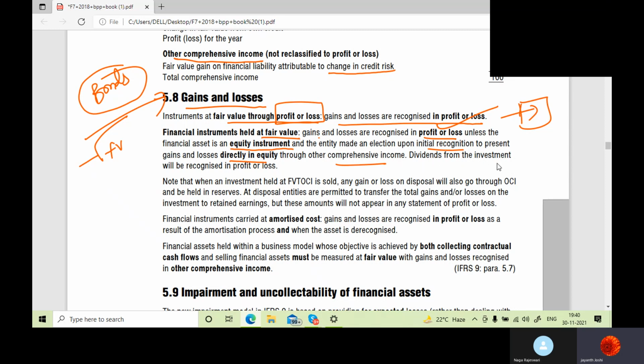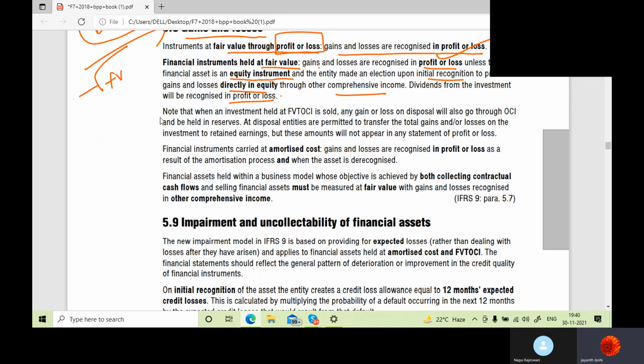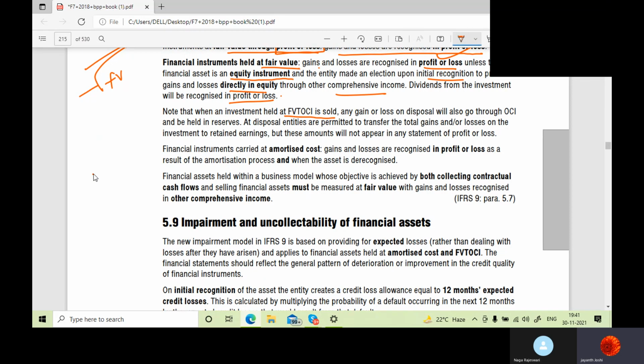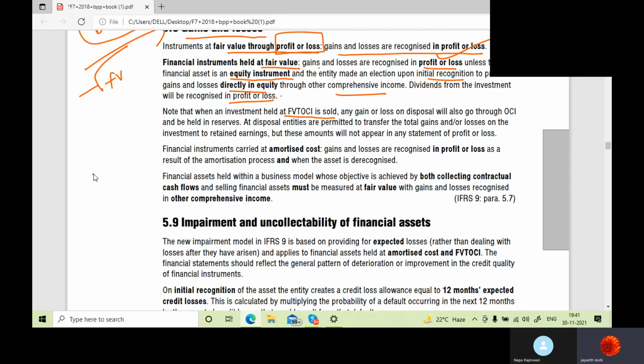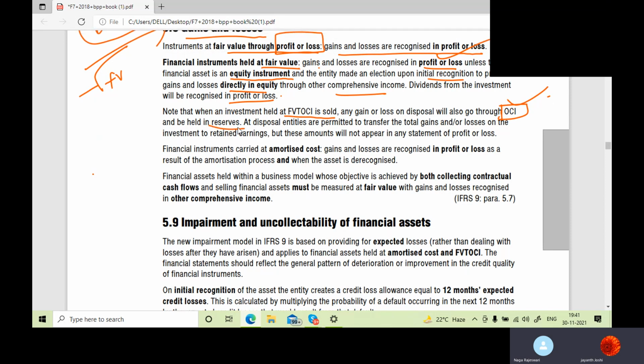And dividends from investment will always be investment income, recognized in the statement of profit or loss. Now there's a note. Note that when an investment held at this is sold, that means it is a security which is held for some period of time and you want to sell it, then gain or loss on disposal will also go through OCI and will be held in reserves.